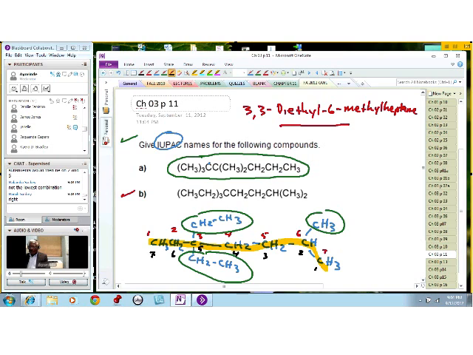If we do that, then the branches will be in position 2, and then you have the two ethyl groups in position 5. So that's 5 and 5.